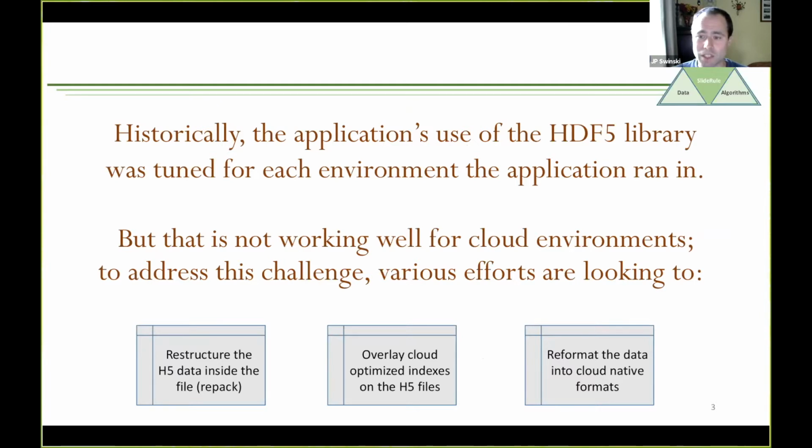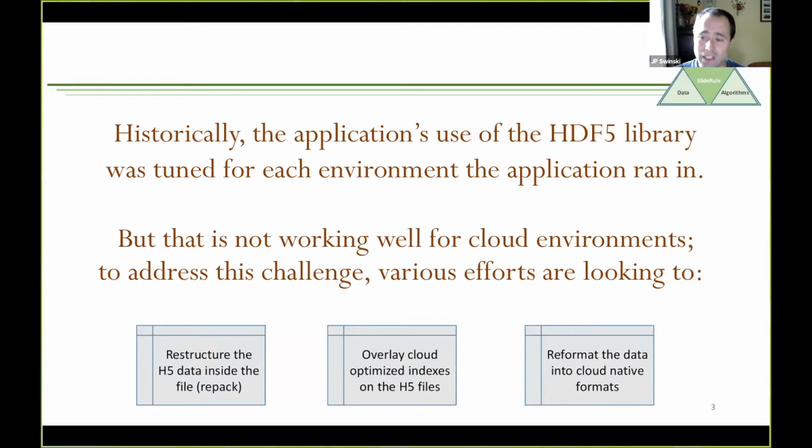But when it comes to optimizing, the historical approach was really to tune the application's use of HDF5 to get the best performance you can. So it was, how do you write the data in such a way that the chunks are lined up right, or which API calls are you going to make, things like that.